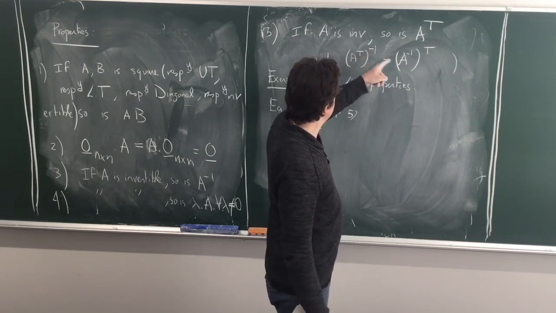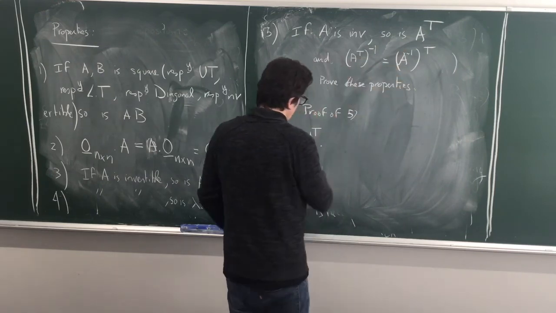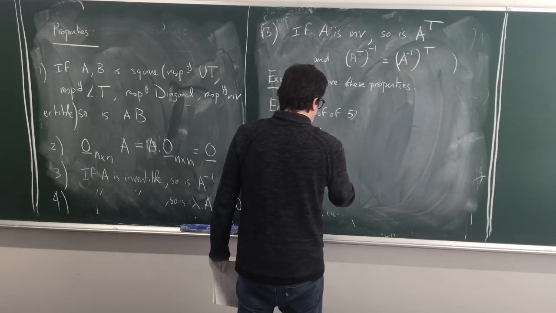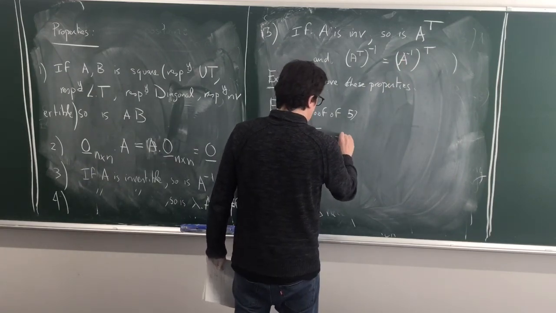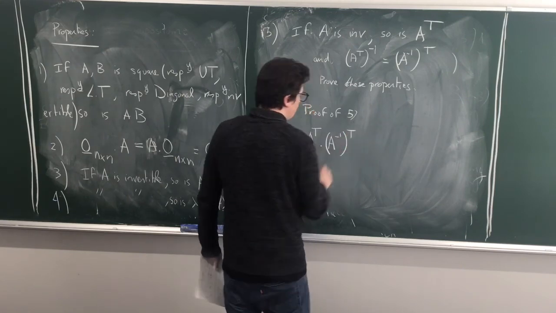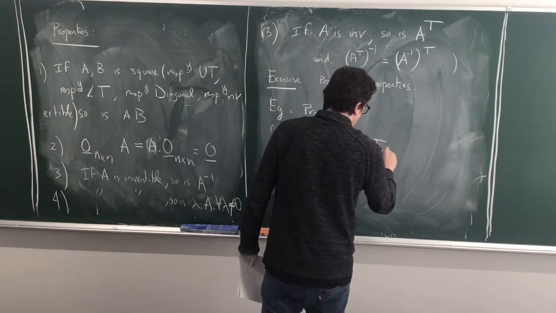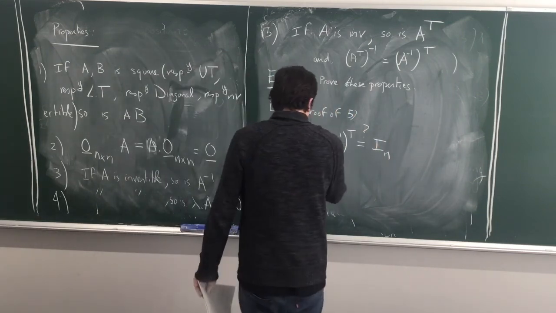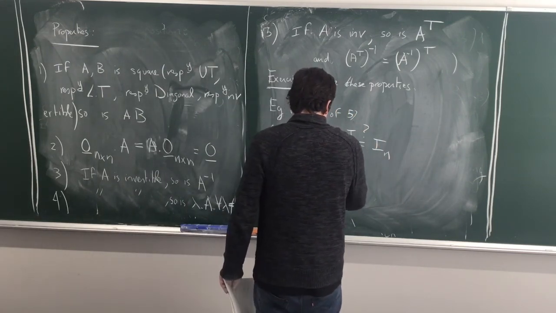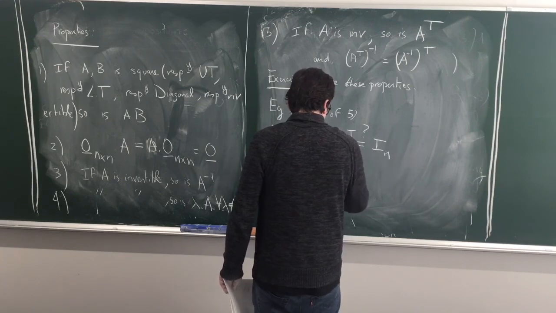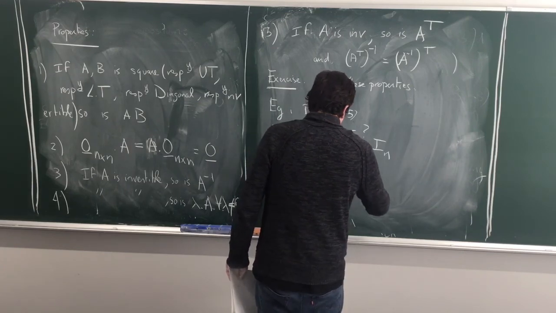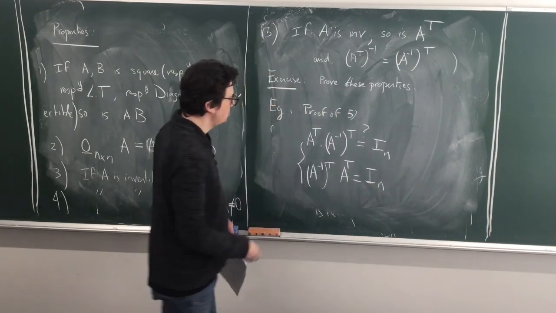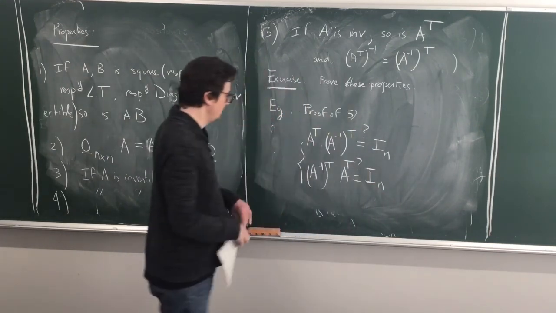The inverse should be this one. What does it mean that this will be the inverse of this? It will mean that we should have this equal to the identity, and we should also have this product equal to the identity. So we need to check both.